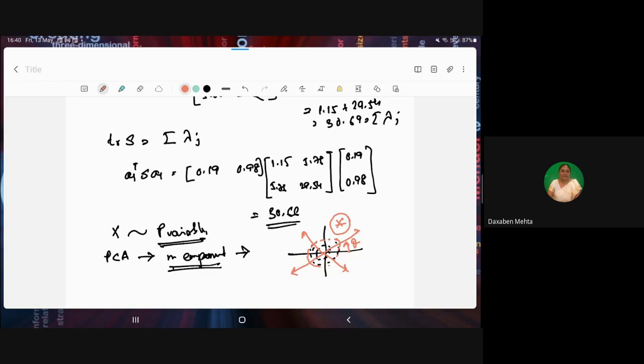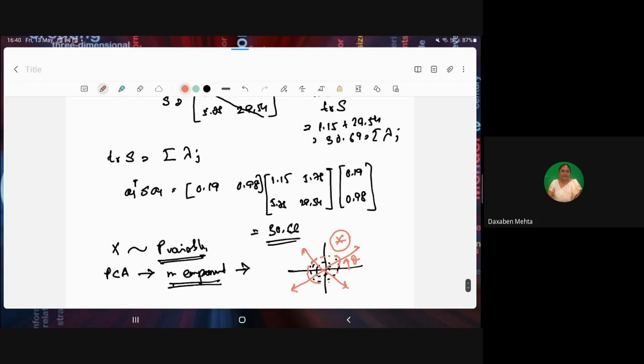If so, that means it is significant. Yes, the data set, that means we change the dimensions and the number of variables is reduced, and the variables can be arranged in terms of variability.